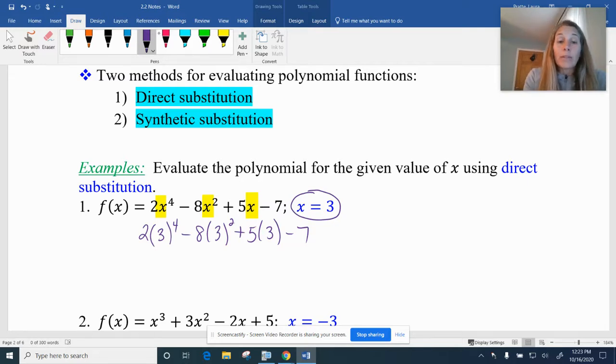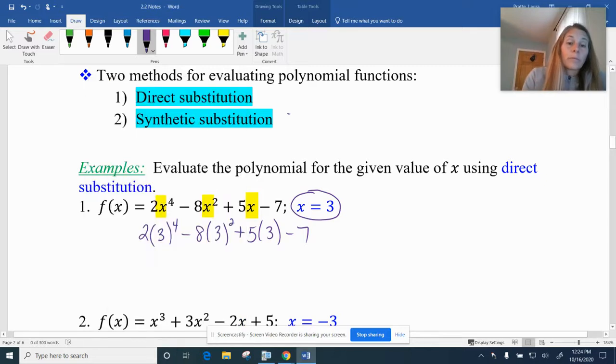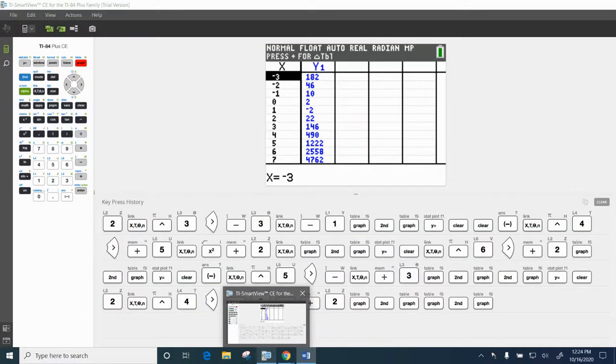Now at this point, you would have to use your order of operations: parentheses, exponents, multiply, divide, add, subtract. And first thing I would have to do would be to do 3 to the 4th power. And I can do most of this without a calculator, but generally speaking, it's just a little bit quicker for people to type it in and get the answer that way.